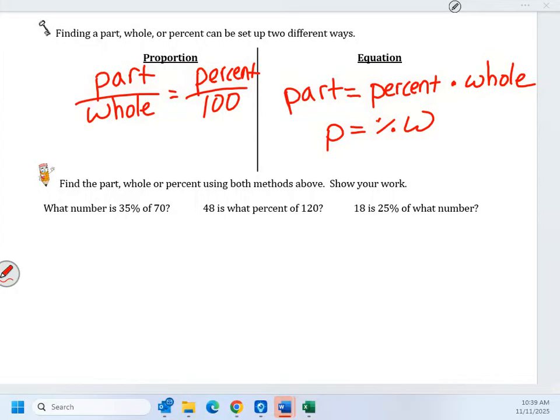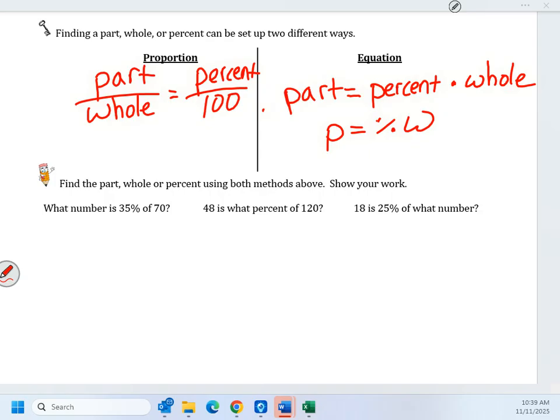A lot of times where we go wrong is people put the whole in for the part, or the part in for the whole, and that's where we mess up. So we always, always, always want to think about what that equation is, write out the calculation. What numbers are you putting into your calculator? What operation are you doing? And then put it into that calculator.